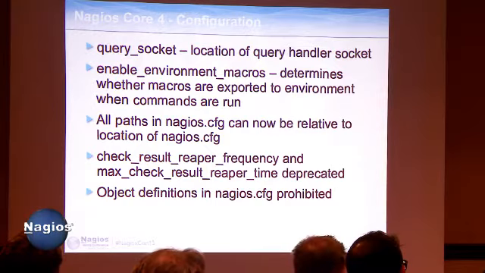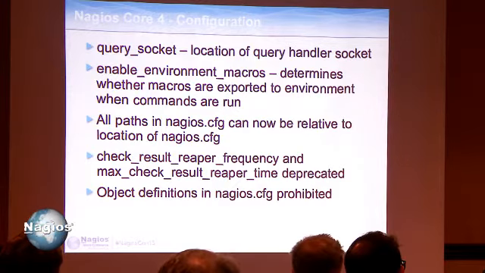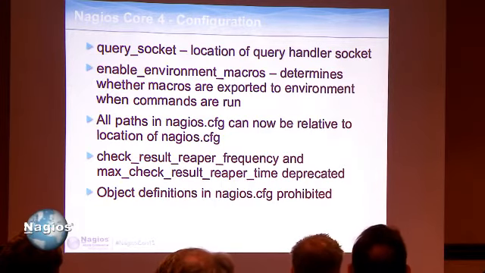Well, if you have a large installation, that can chew up environment space. So you can say, I don't want to export these to the environment. Now you can still use them because you could pass them as command line parameters to whatever command you're running, a check or whatever. So that's still a possibility, but you can save some environment space by disabling that if you want to.